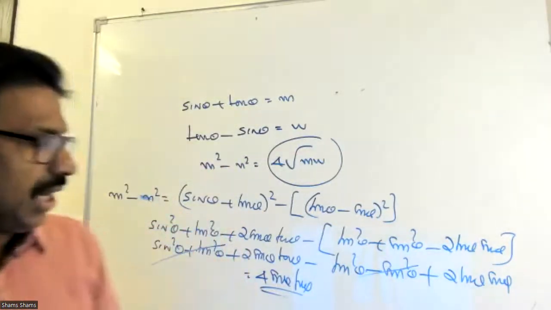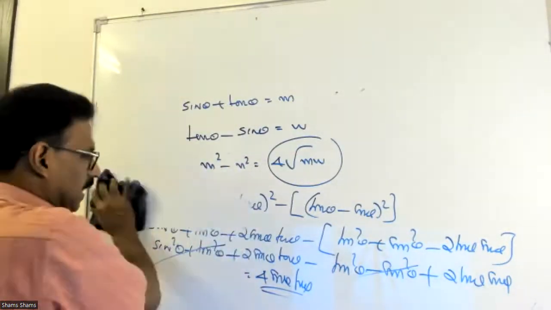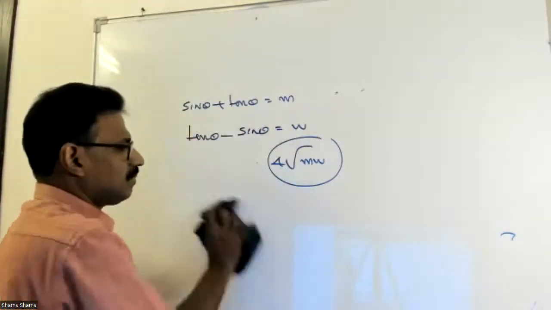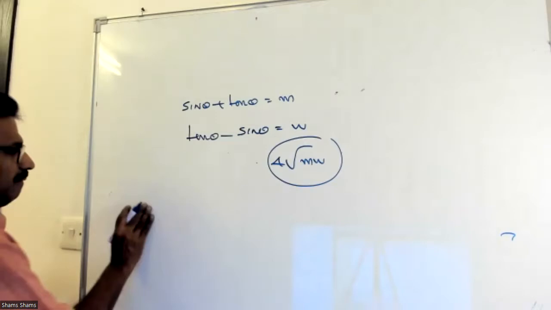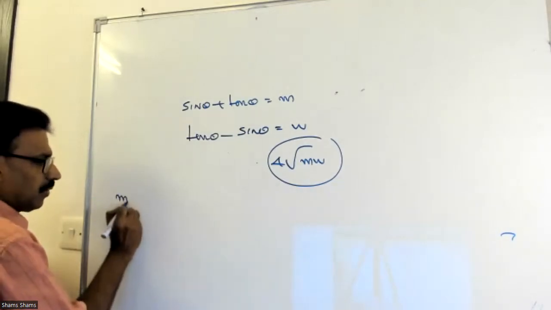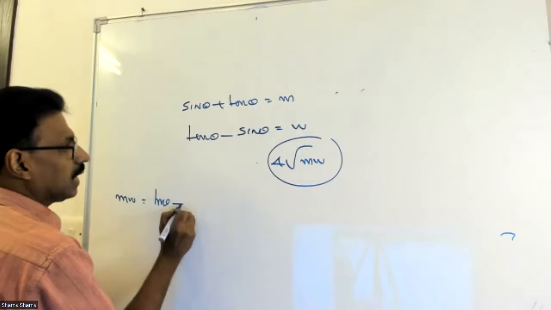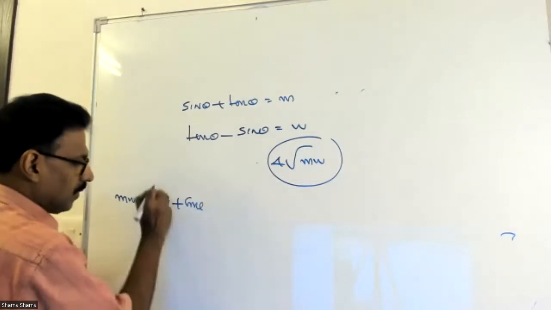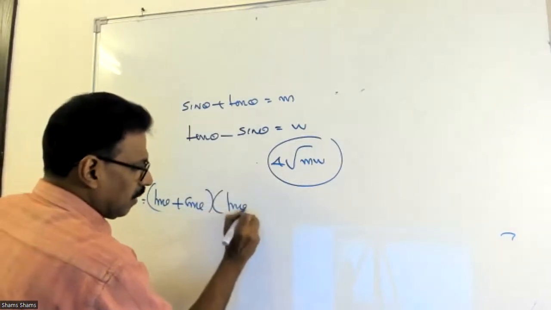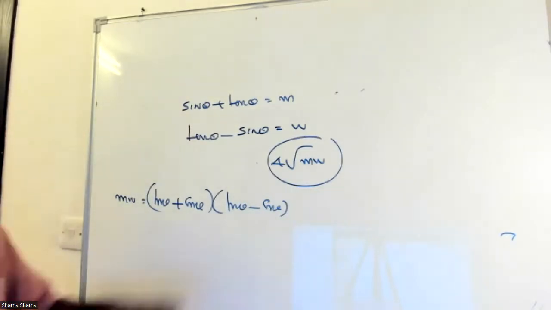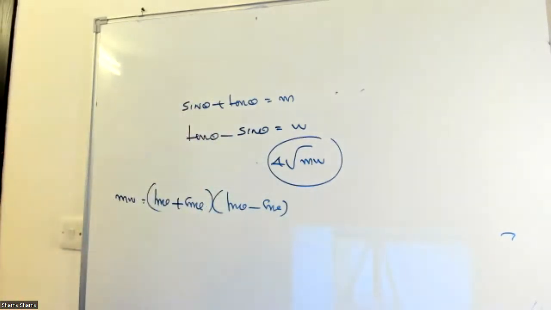So next, now I'm going to check the RHS. Look at here, RHS. I will show this one. Look, mn equal to tan theta plus sin theta into tan theta minus sin theta.